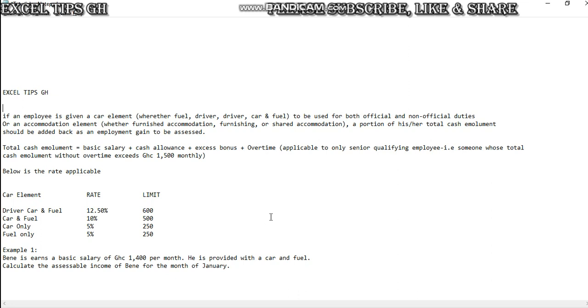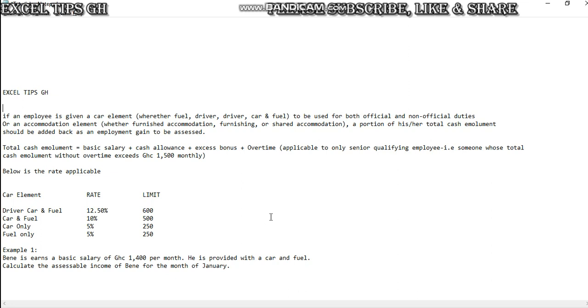Yes, that is the word. It is equitable to be charged something. So the law requires that if someone is given a car, driver and a fuel, 12.5% of the person's total cash emolument be added back, and then we charge our graduated tax rate on them.